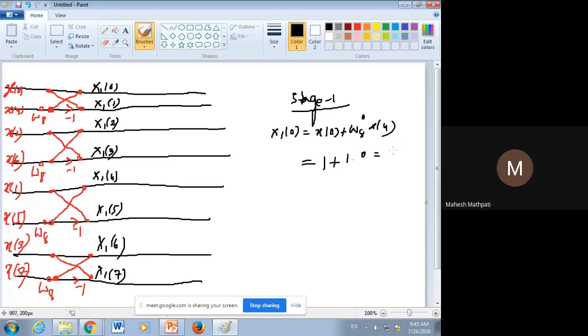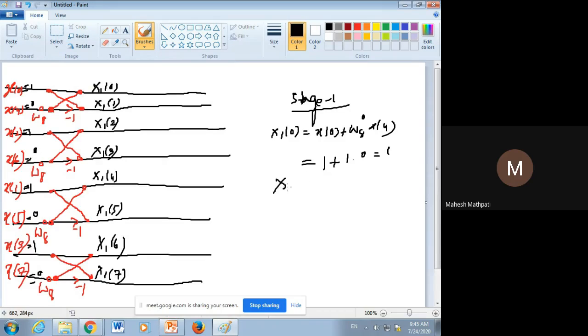It's 0, no? The value is 1. So here we will write the values. This is 1, this is 0, this is 1, this is 0, and again this is 1, this is 0, this is 1, and this is 0. So the value of x1 of 0 is 1.